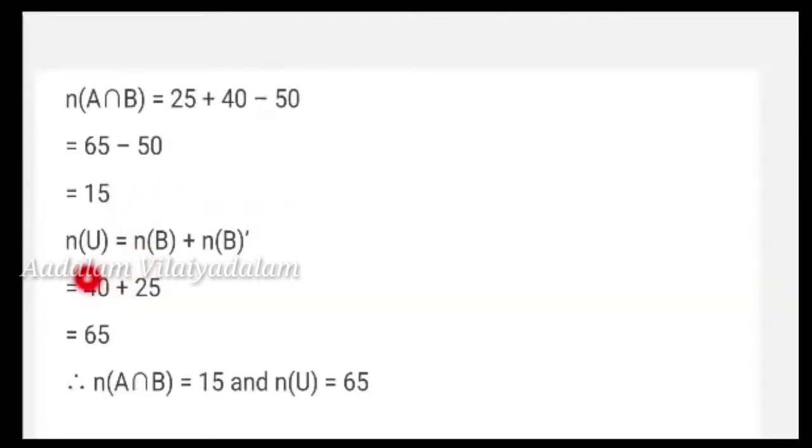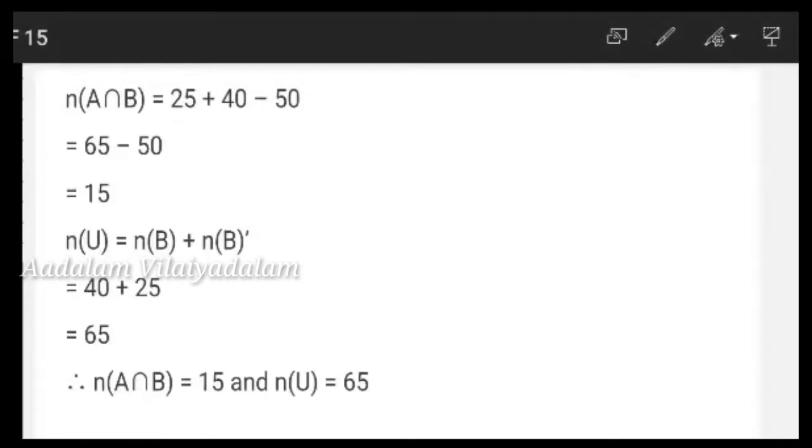Now we need to find n of U. The formula is n of B plus n of B dash. Here n of B value is 40 plus n of B dash value, which is given in the question, that is 25.